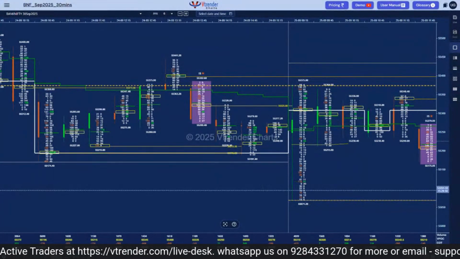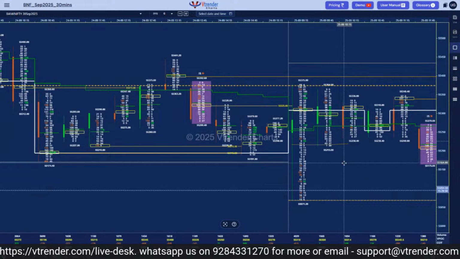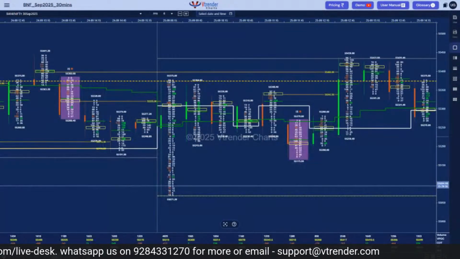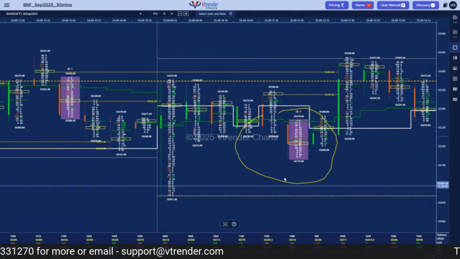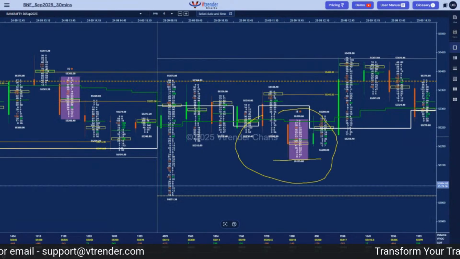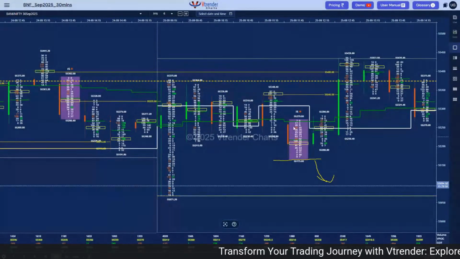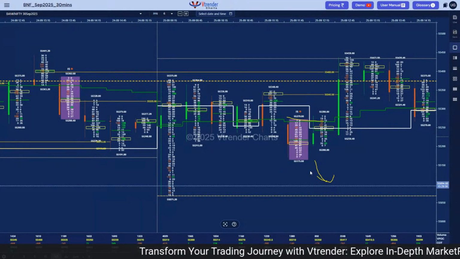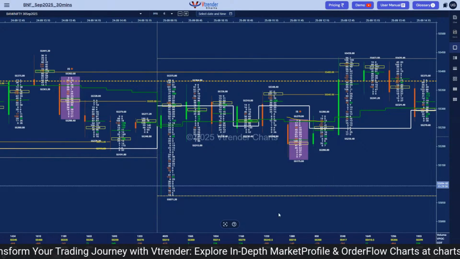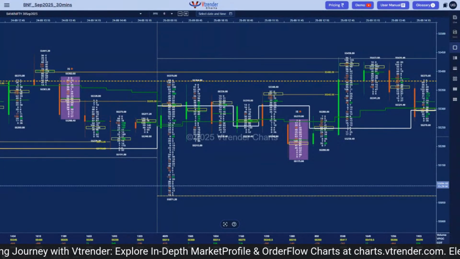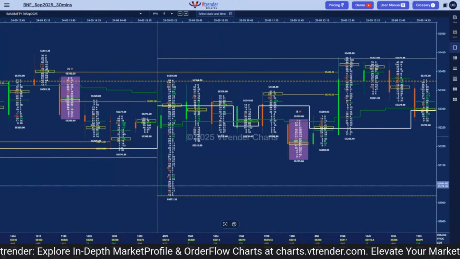Bank Nifty was not at all bearish today because of this A period buying tail. We did get this IS30, but we never were able to go below this. It didn't get triggered. If we would have gone below this, our stop loss would have been 55270 for a similar target. So this is how you have to make use of these IS signals, IB signals.